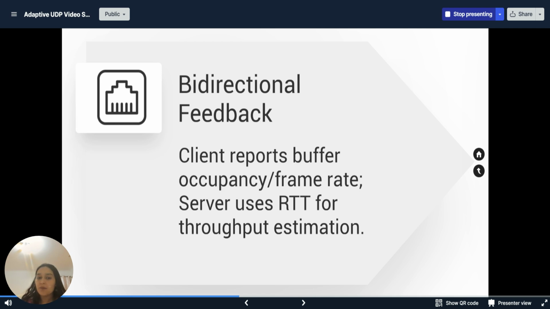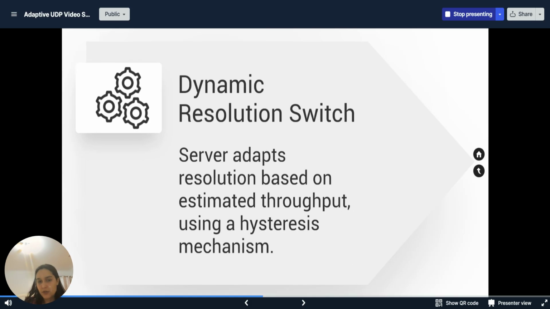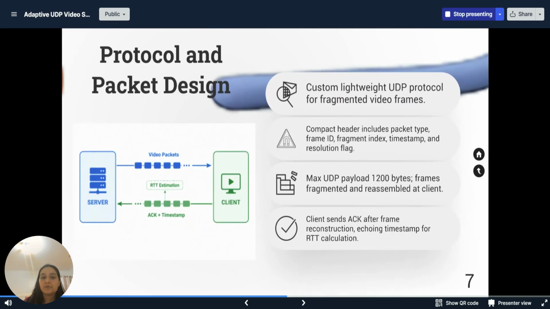We have the frame rate, and the server uses the RTT, getting back to it, to do the throughput estimation. And we have this dynamic resolution switch where the server adapts to the RTT and the RTT-based throughput, using a hysteresis mechanism to dynamically switch between 1080p frames and 480p frames.